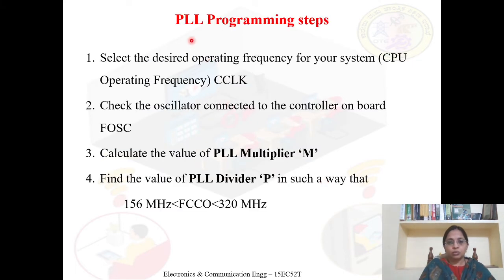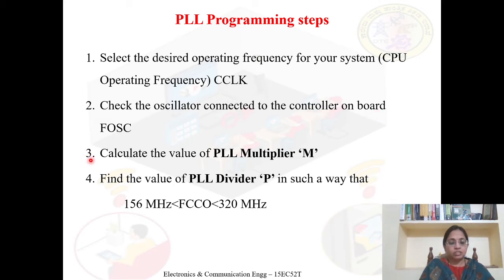Now what steps do we have to follow for writing the PLL program? The first step is to select the desired operating frequency, the frequency that the PLL has to produce. The second step is to check the oscillator, whether it is connected to the controller on the board.